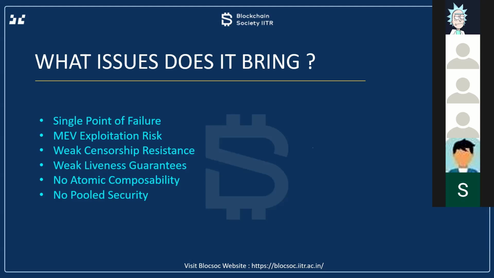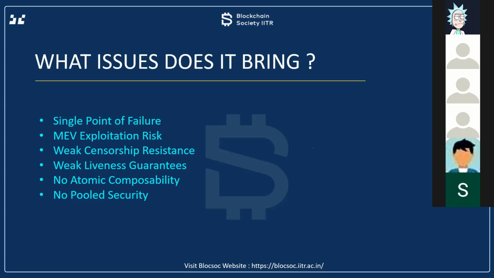We know that for the UX of L2s, the benefit that it brings is instant finality, right? Whenever I send a transaction on L2, almost instantly it gets confirmed. So this liveness guarantee is not here.